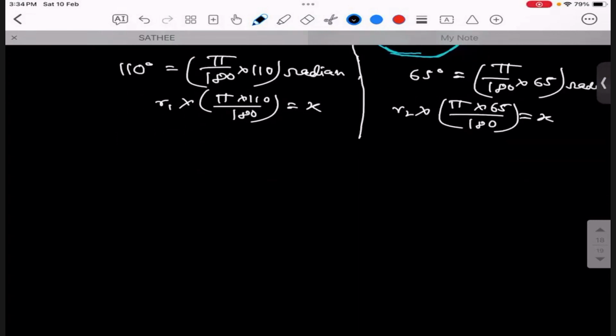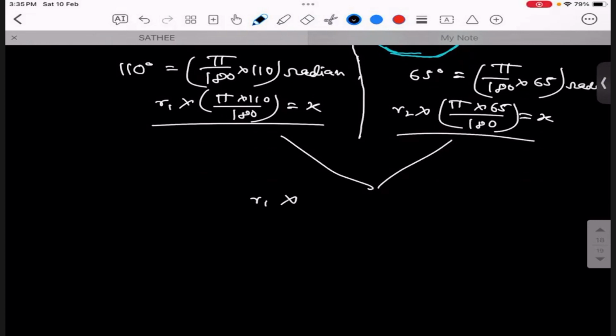Now if I compare these two values, I can write that r1 into pi into 110 divided by 180 equals r2 into pi into 65 divided by 180.